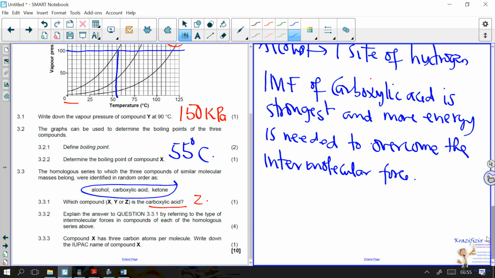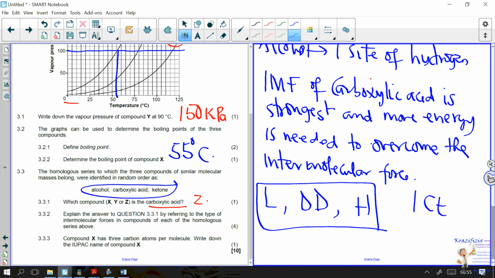London is the weakest, dipole, dipole in the middle, then hydrogen bond. Alcohols have 1 side, and carboxylic acids have 2 sides. Remember how you answer. ICE. Identify, compare, and talk about the energy required.